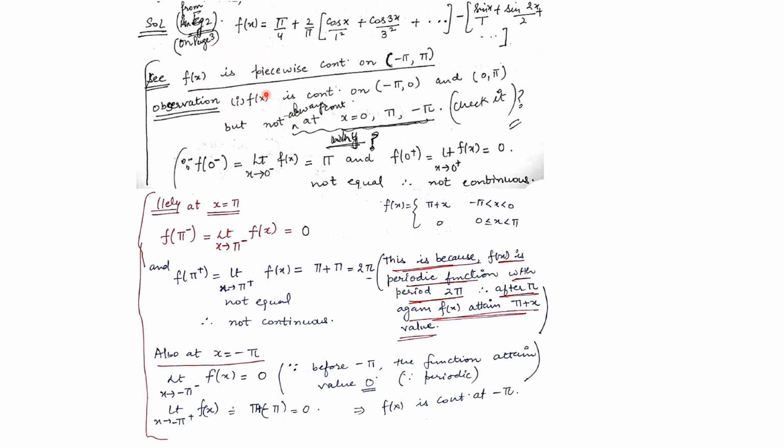It converges to the mean of these values because our function is not continuous at 0. So it is not converging to the same value of the function at 0. It converges to the mean value.